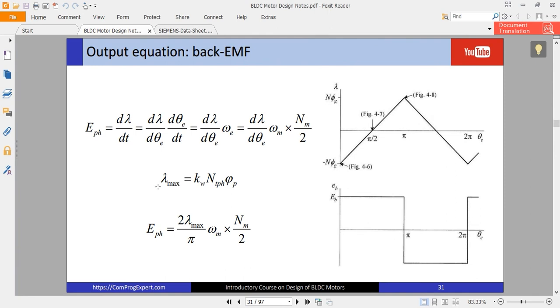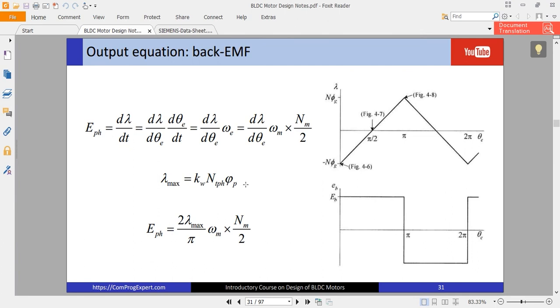Maximum flux linkage is equal to pole flux times the number of effective turns per phase times the winding factor.